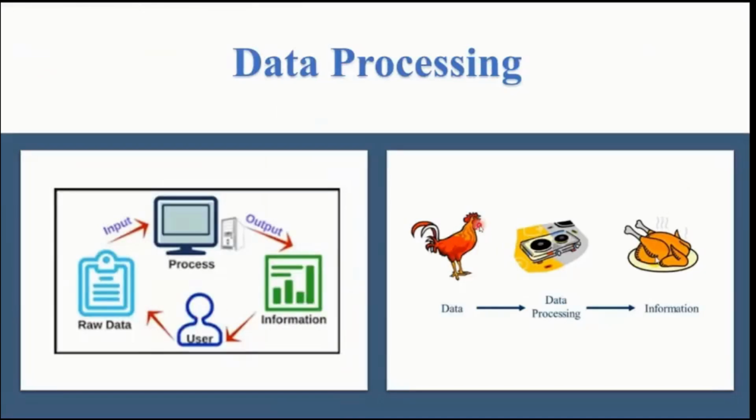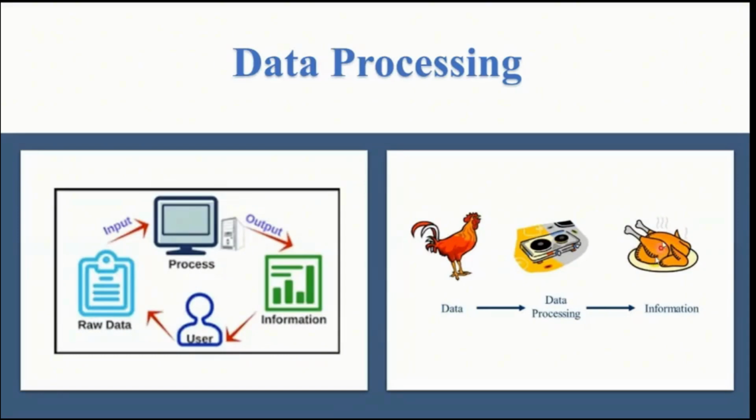Here, actually, I want to show the meaning of data and information. This is a hen. This hen is like data. We cannot eat it. We cannot use it. But we need to do some process that can use it, can eat it.